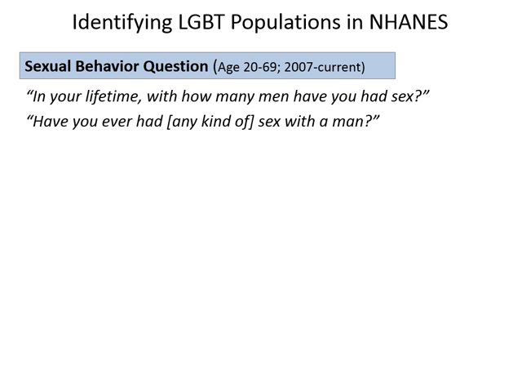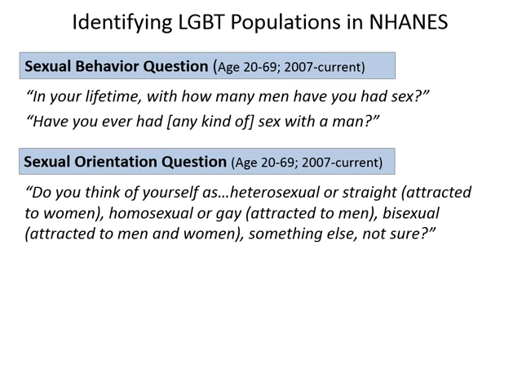The exact questions that NHANES asks varies a little bit, but basically it's something like, in your lifetime, with how many men have you had sex? The wording changes a little bit, but this is essentially what they're asking. They also ask a question on sexual orientation, and this follows the question on behavior. And they ask, do you think of yourself as heterosexual, homosexual, bisexual, something else, or not sure?